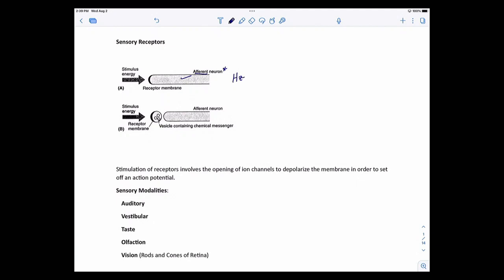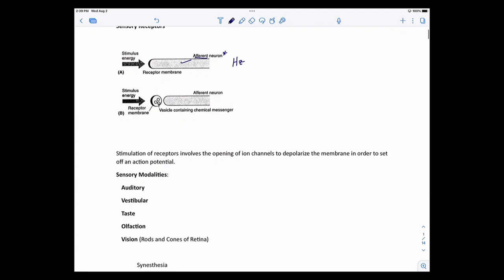That's basically the general theme of all sensory in our body: taking some energy out there from the environment and translating it into some type of action potential frequency. So there are lots of ways of getting there, and I'm going to talk about some general things in a second.